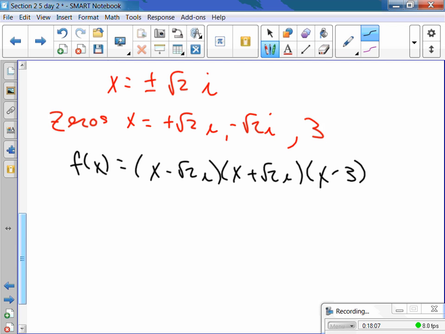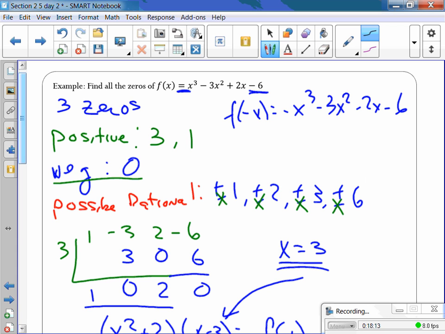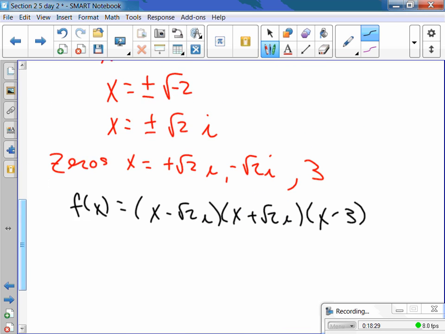These are negative what? Reals. I is not a real number. So here it says I'm either going to have 3 or 1 positive real numbers, right? And sure enough, we have 1 real, which was the case here, and we don't have any negative real zeros at all, right?